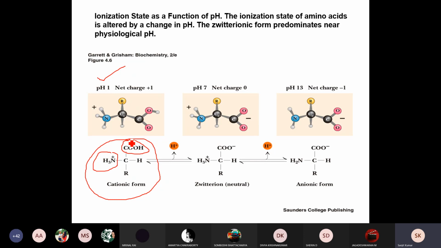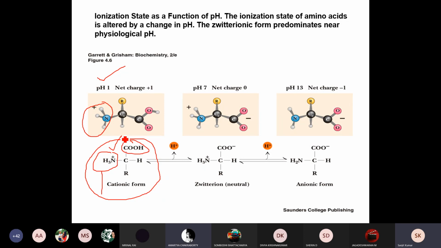It means that hydrogen will go to the amino group, the NH2 group. When there is a higher concentration of hydrogen, it will become NH3+. Am I correct or wrong? Can you repeat?